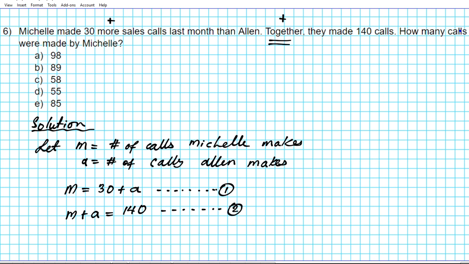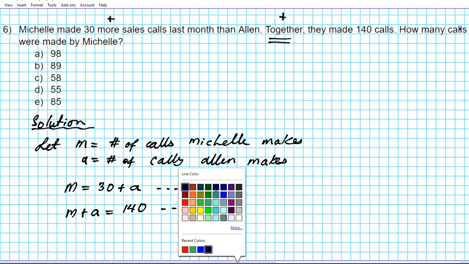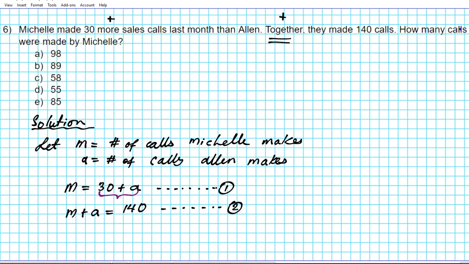So what we're going to do is basically substitute in order to find the number of calls that Alan made. We're going to substitute the value of 30 plus A into M. So we're going to take 30 plus A and substitute that into the M position.